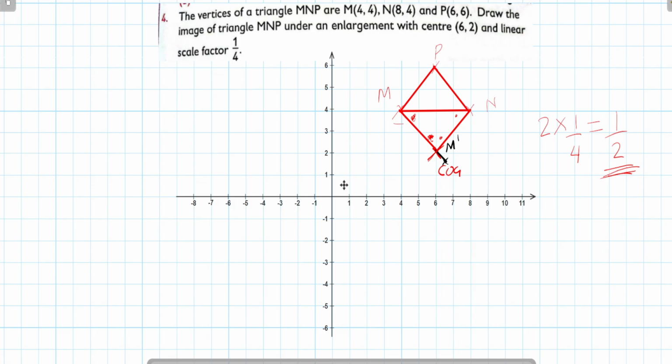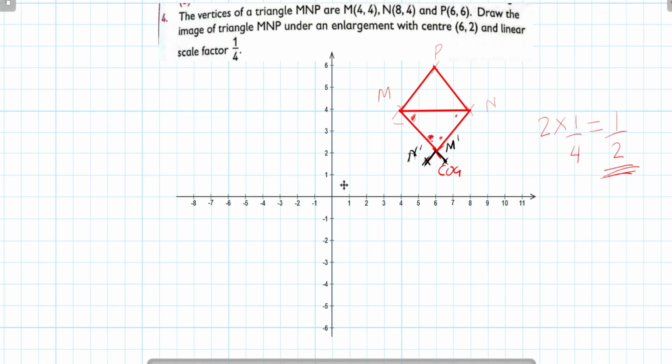So a half from the center of enlargement, kumbuka hii ni 1, so a half yake itakuwa ni hapa, so somewhere there. So this is your N prime. Sawa, itakuwa ndogo sana.